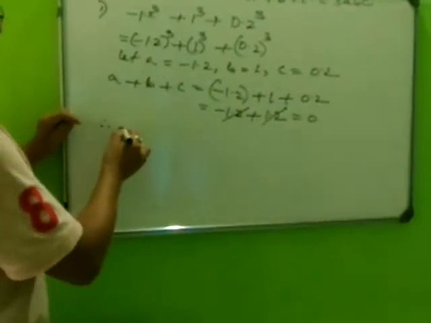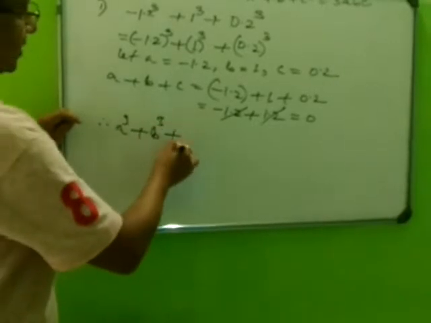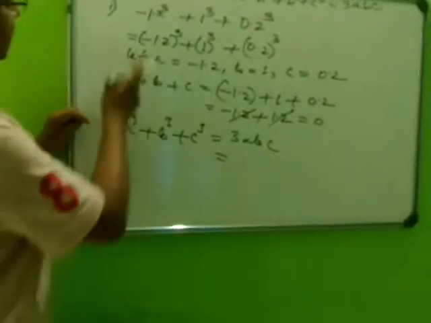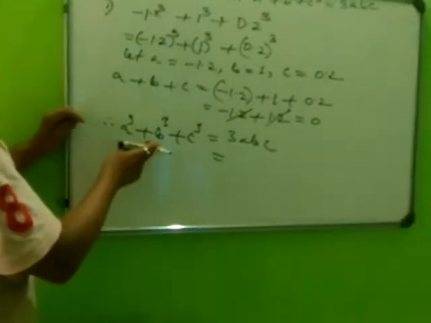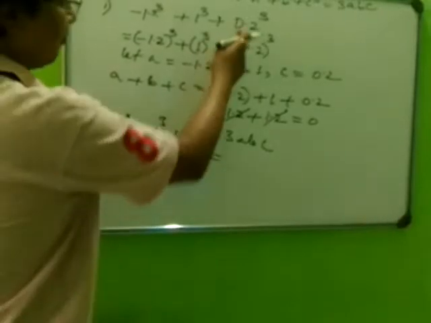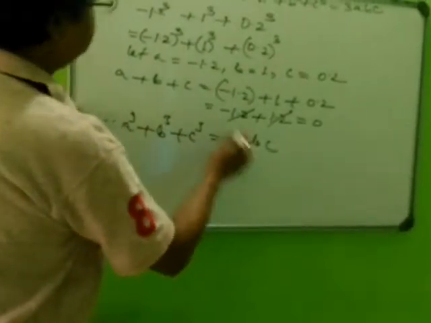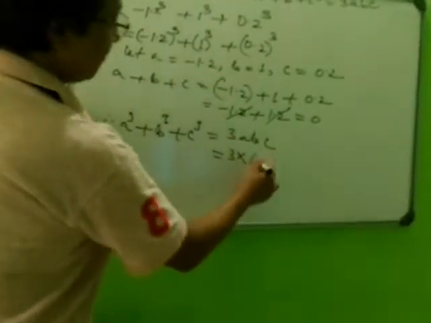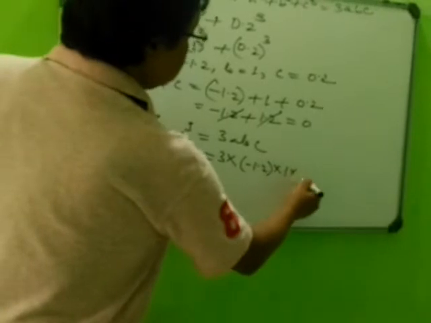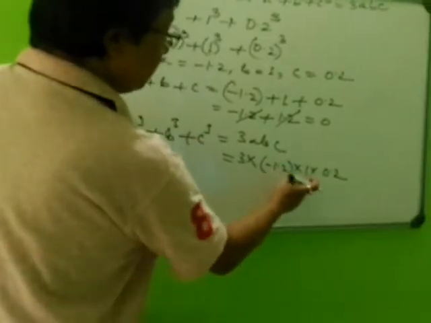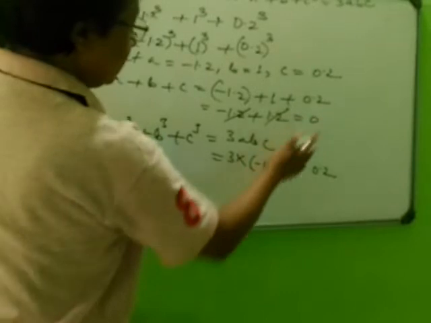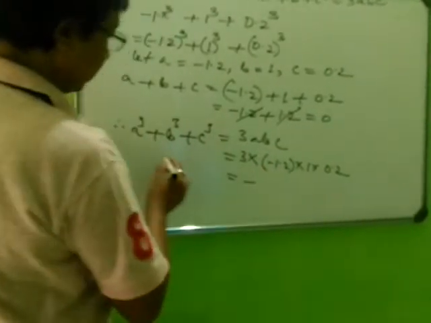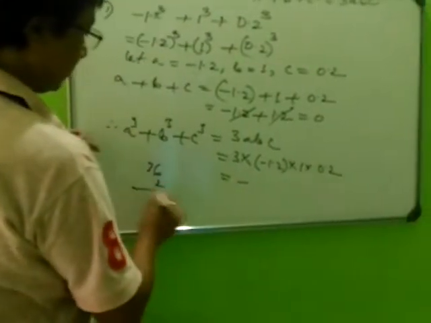So A cube means minus 1.2 whole cube, plus B cube means 1 cube, plus 0.2 whole cube, equals thrice into A, which is minus 1.2, into B which is 1, into C which is 0.2. Minus into plus into plus gives minus. So 12 into 3 is 36, into 2 is 72.